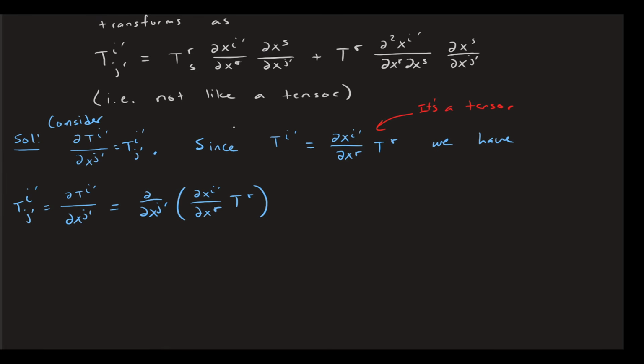Well, since T is a tensor, its components transform this way, in red over here.